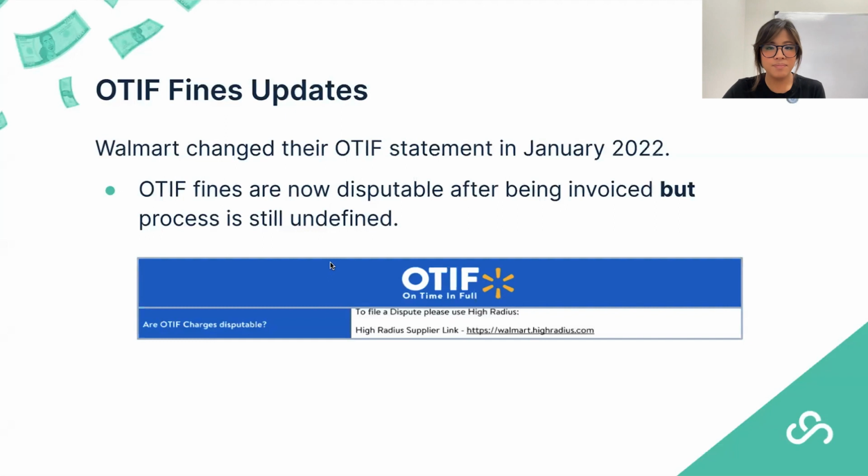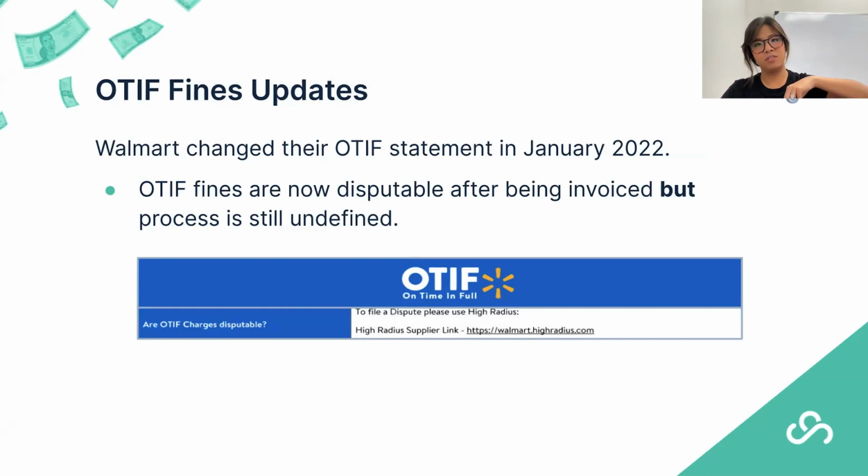They did update their OTIF FAQ in January of last year. Of course, they didn't publish that or announce it anywhere, but it has been updated. We keep an eye on that at SupplyPike, so we're aware of it. The big change is that before, for OTIF fines, you'd have to go to your buyer before they got invoiced, and then your buyer could waive that.